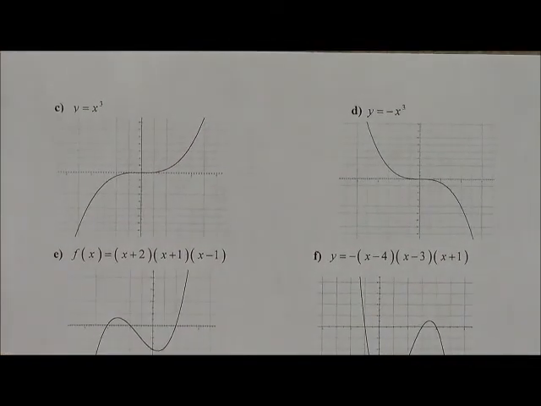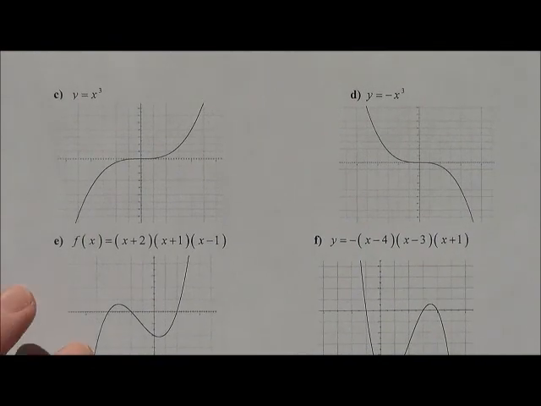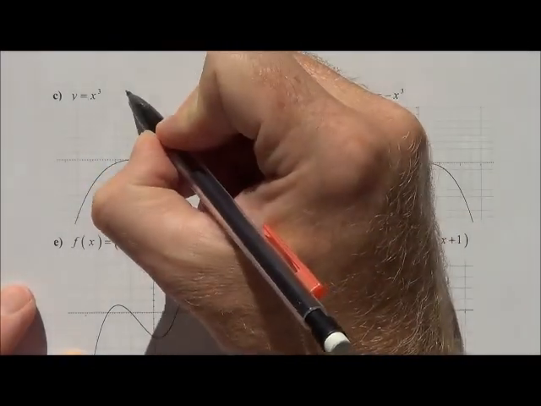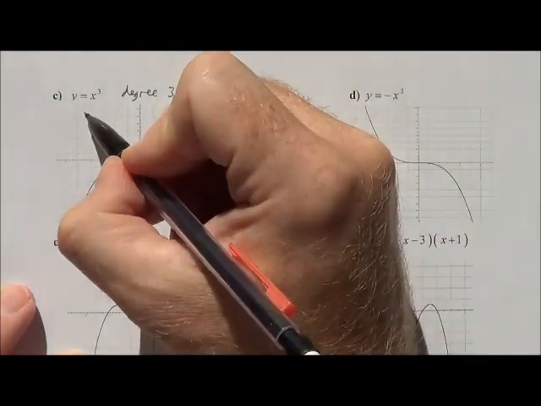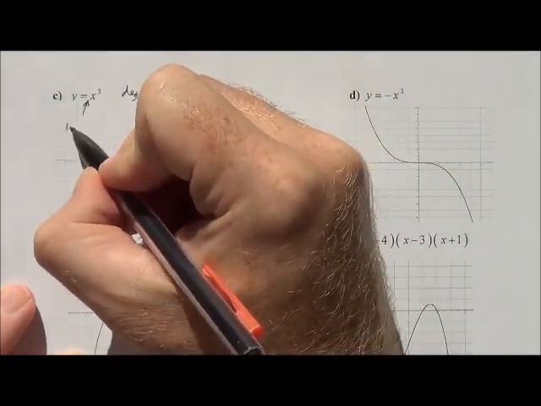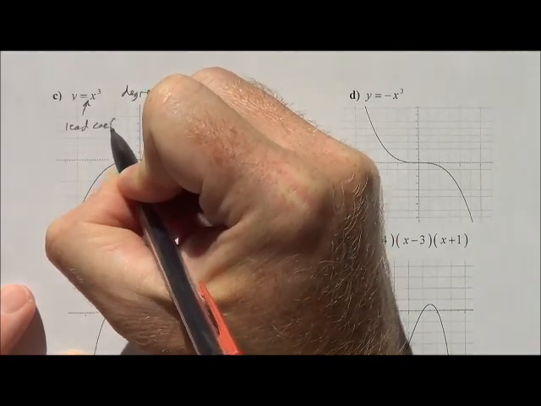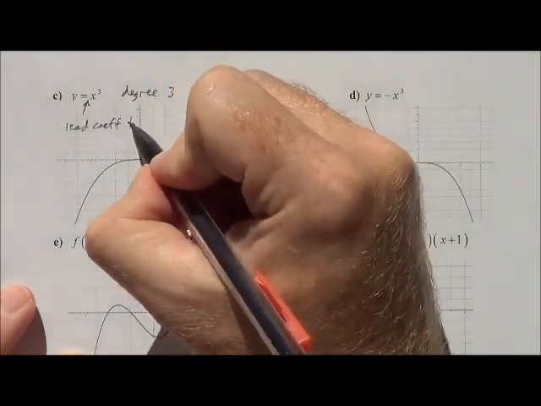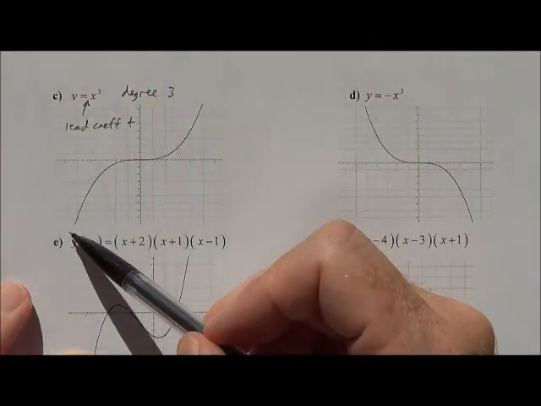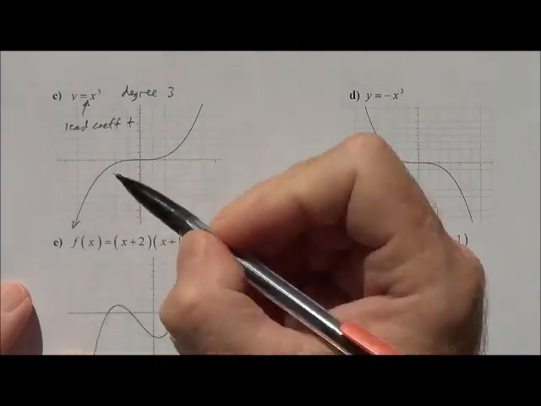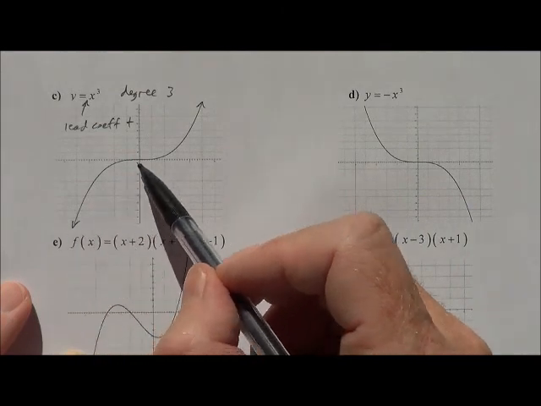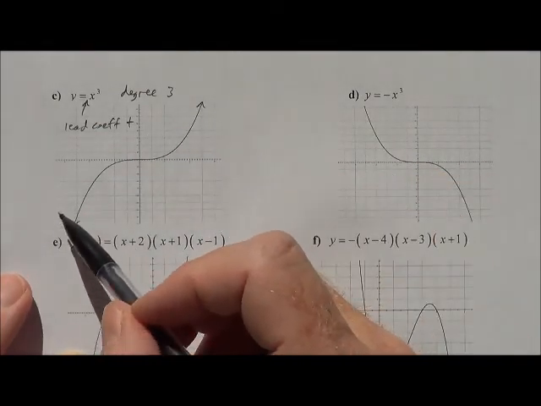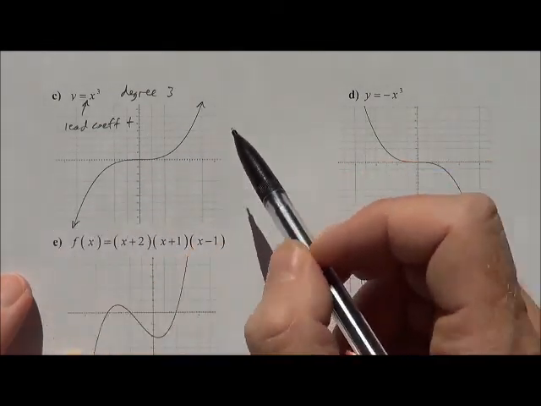Moving right along here, degree 3, lead coefficient is positive. Notice that the general trend of the function is increasing from left to right. Whenever you follow along the function, you always go from left to right.